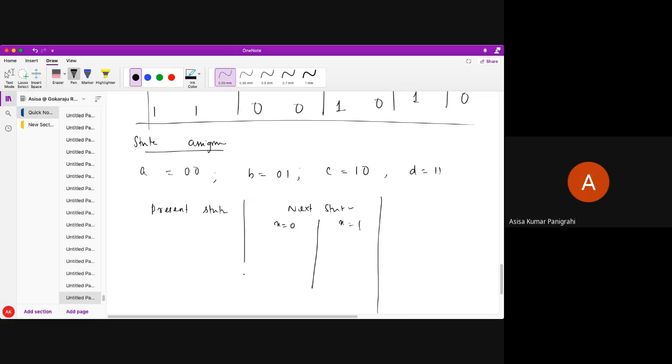Okay. Next, finally, output. Output is y. Output for x equal to 0 something, for x equal to 1 something. So what are my present states?